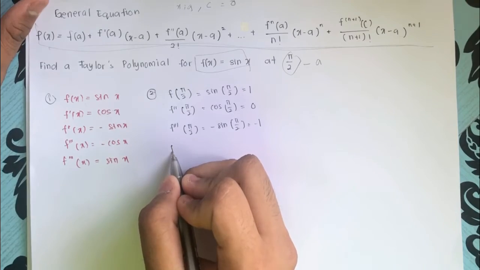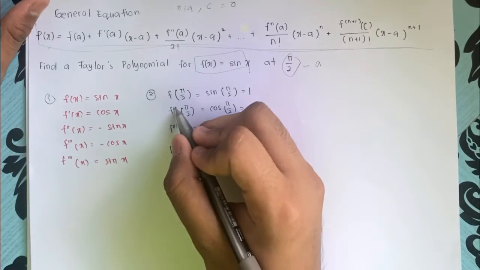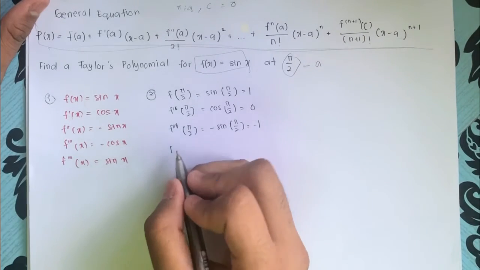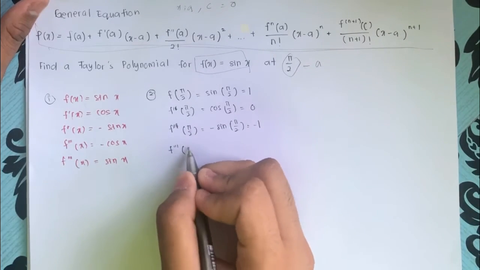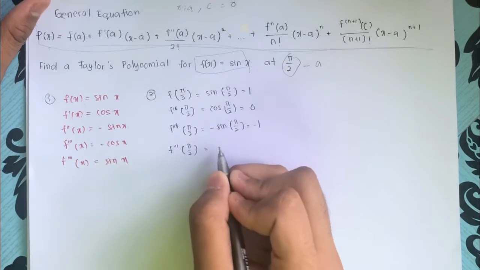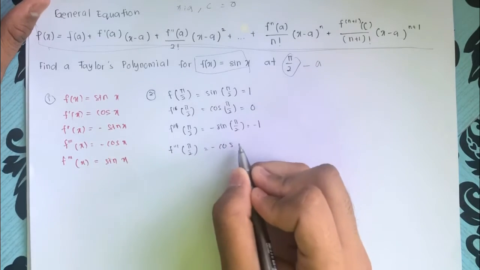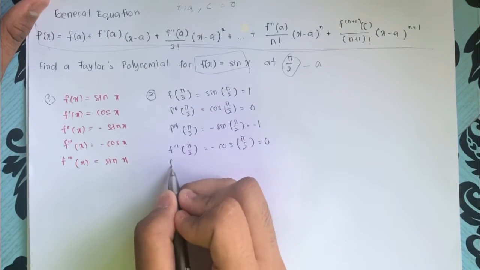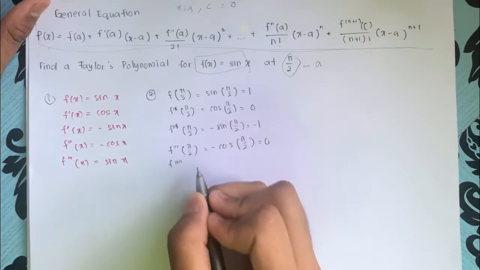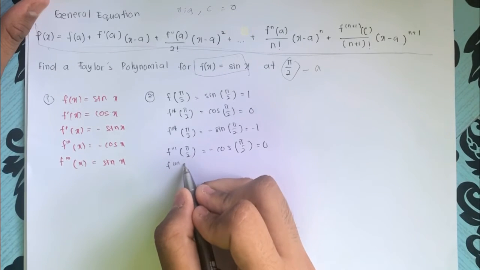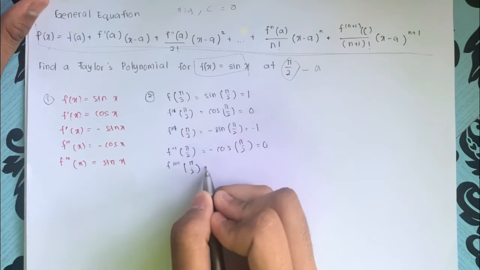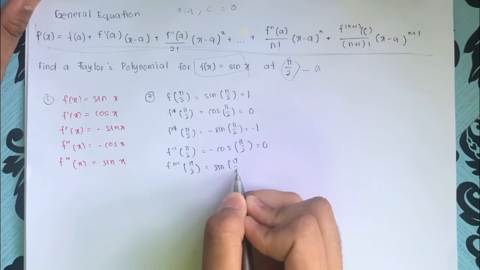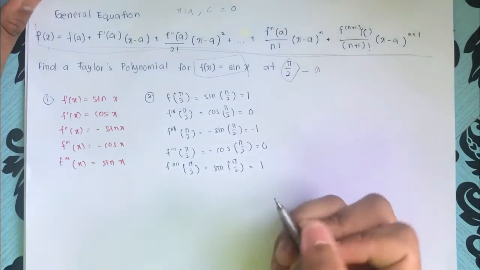Actually this is the first derivative, this is the second one, and now the third one: minus cos x, where x is pi over 2, equals 0. And the fourth one is sine pi over 2, so we'll get 1 again.